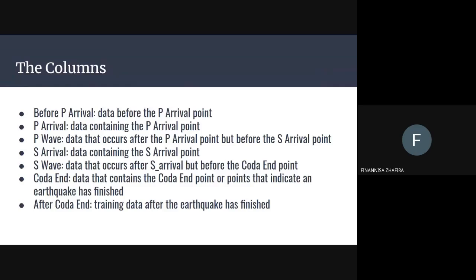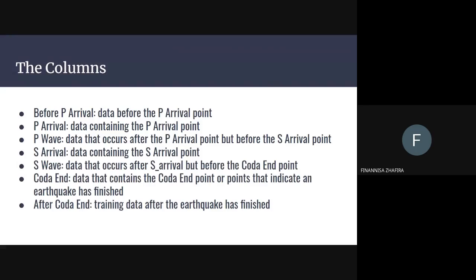The first one is the wave before it arrives with P sensors, and also the current time when the wave arrived, and also the sensor when the wave has left. Then the sensor itself is represented by P and S, and we also got the code N as the data containing the endpoint that can tell us whether the earthquake has finished, and also the column after code N that can tell us where the earthquake has finished.